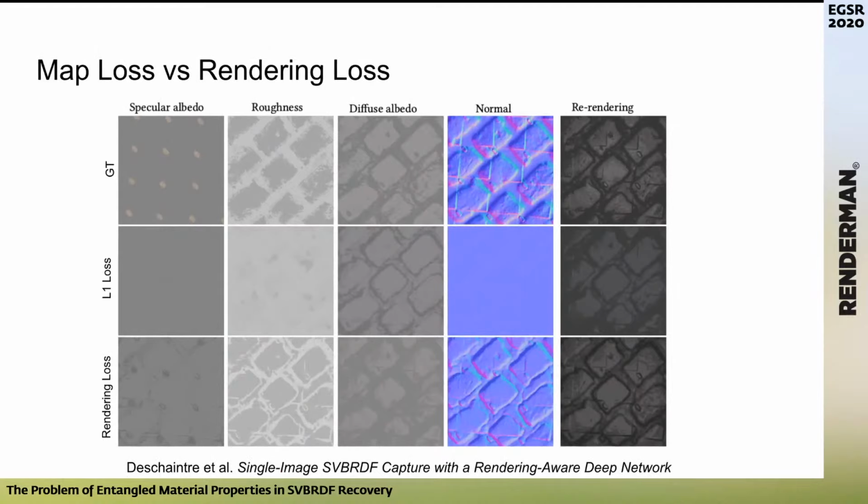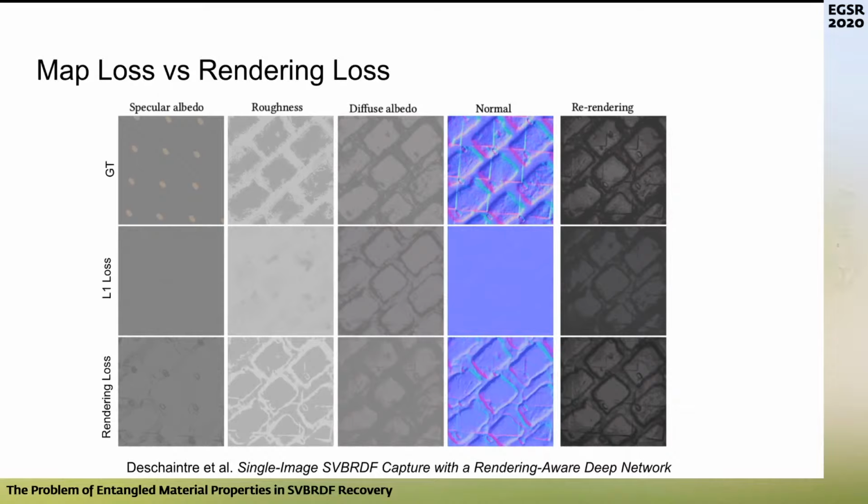To demonstrate the effect of training with the rendering loss, Deschantre et al. conducted an experiment of training the same model architecture 2 different times, once with the L1 map loss and another time with the rendering loss. The first row shows the ground truth material property maps and rendering of the material. The second row shows the SVBRDF predictions of the model trained with the L1 loss for a test input image.